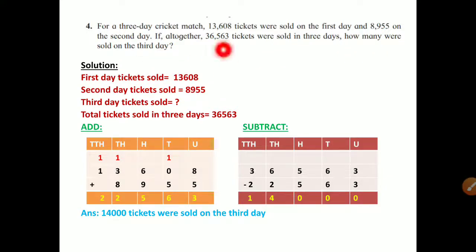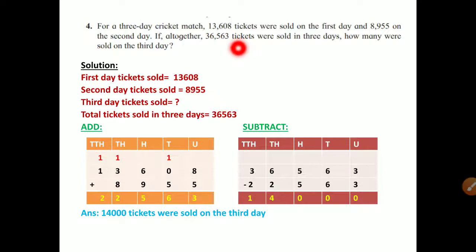Here, for a cricket match, 13,608 tickets sold on first day, 8,955 tickets sold on second day, and 36,563 tickets were sold all together in 3 days.